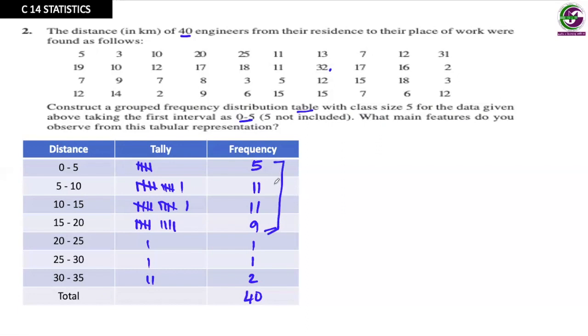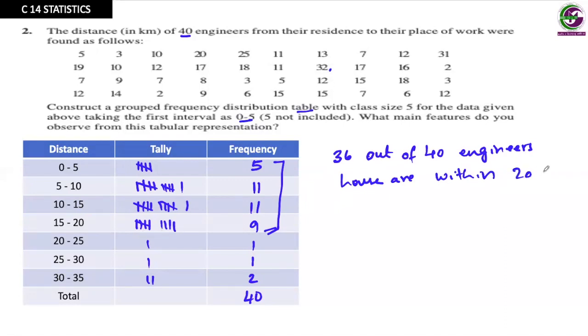So 36 engineers' houses are within 20 kilometers. So 36 out of 40 engineers' houses are within 20 kilometers from the work site.